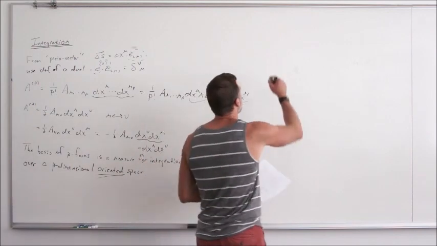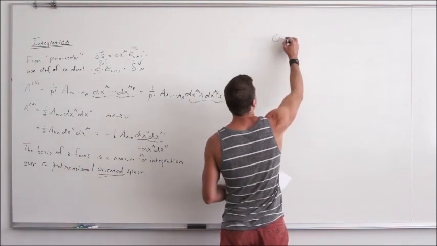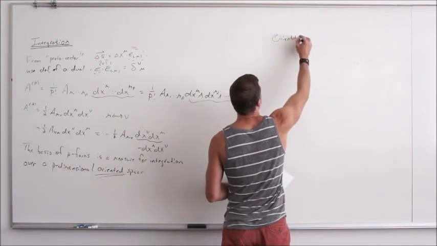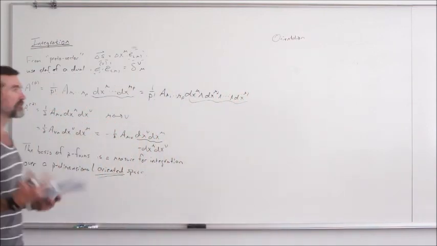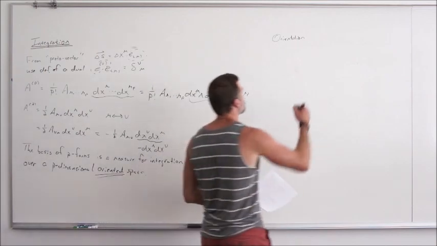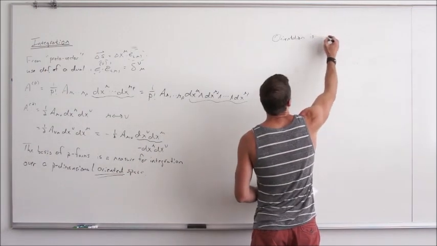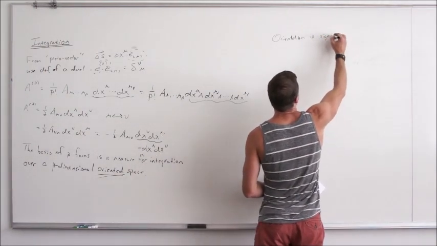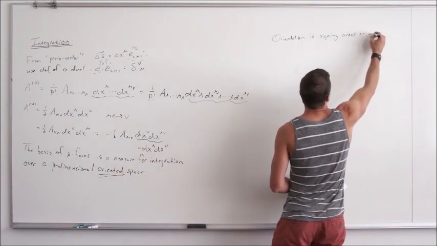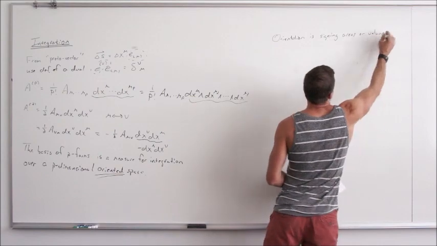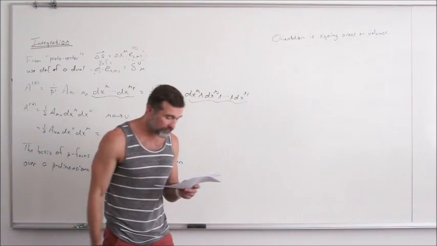Okay. So orientation. So when we talk about a space, and we want to talk about the orientability or the orientation of that space, what we're talking about is essentially signing areas or volumes. And by signing, I mean applying a plus or a minus to it. Okay. So what do I mean by this?